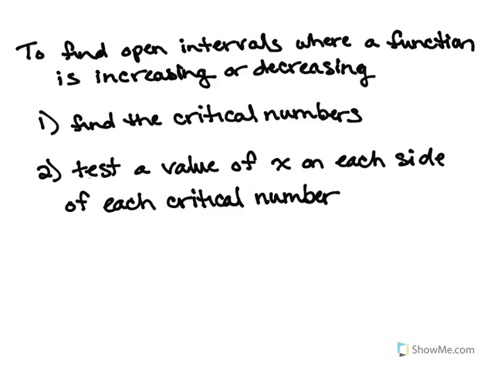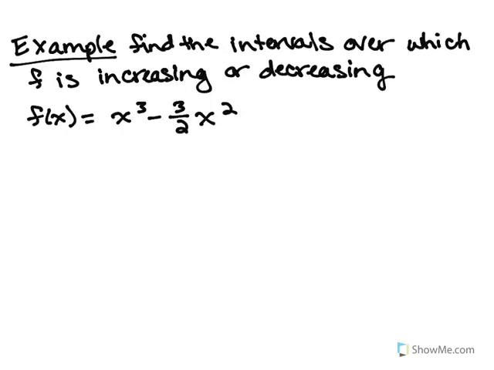Right? If it's a max or a min, at the point the derivative is going to be 0, if it's a nice, pretty smooth curve. So we need to look to the left and the right and see, is it increasing or decreasing? All right, so let's see what this looks like in an example.